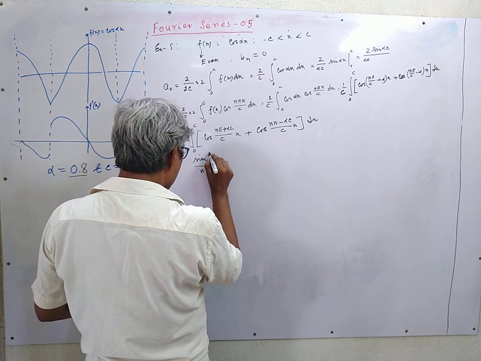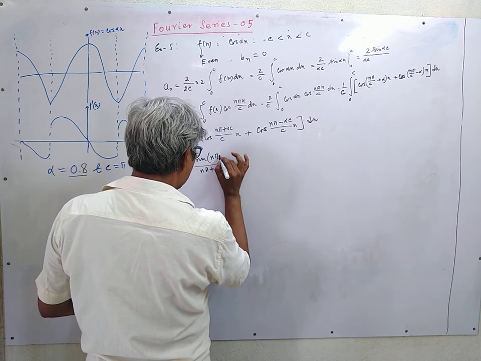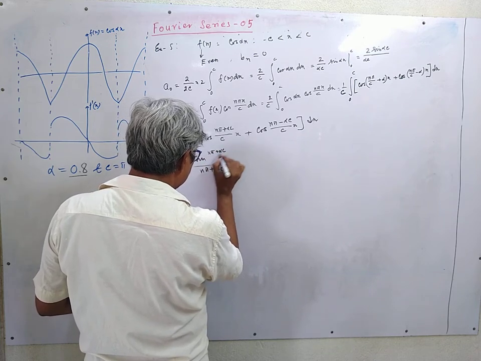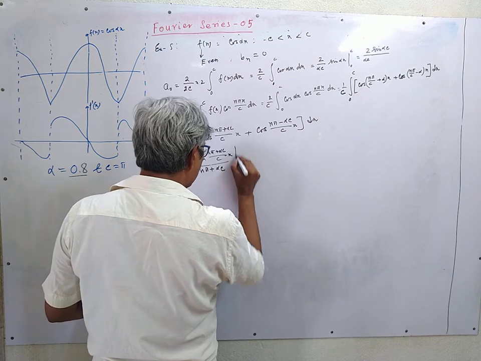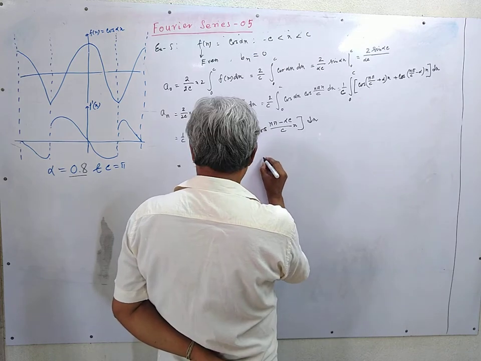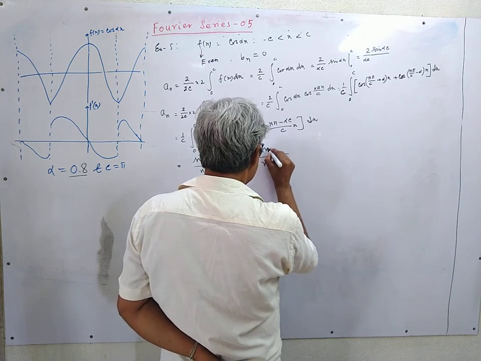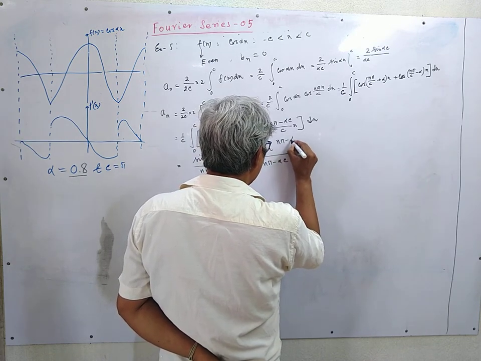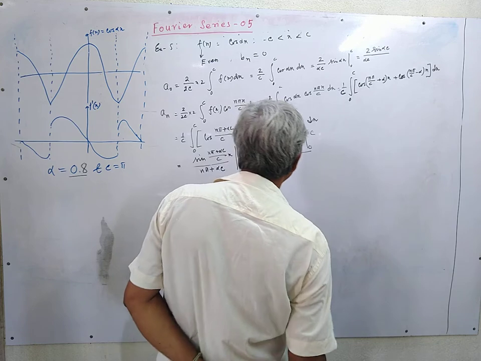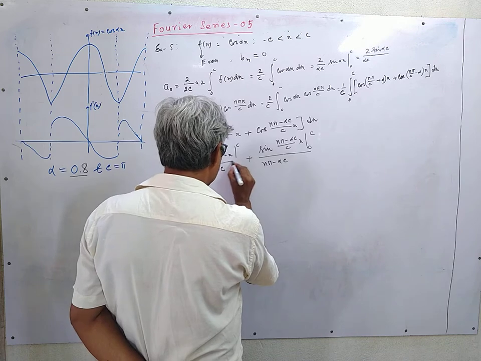So sine of n pi by c plus alpha x within limit 0 to c, plus sine of n pi by c minus alpha x divided by n pi minus alpha c, within limit 0 to c. The lower limit gives 0 result.